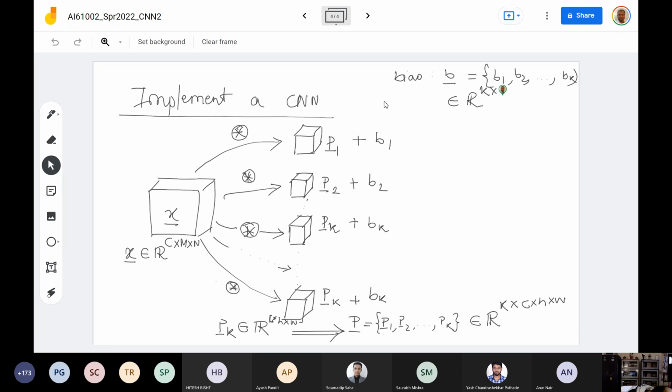Okay. Now essentially as a result of this, I'm going to get one of these channels, which is Y1. Then I'm going to get the next channel, which is Y2.